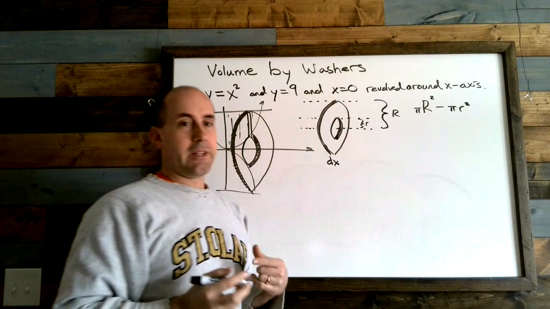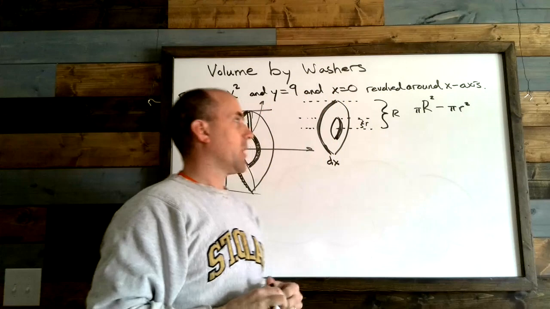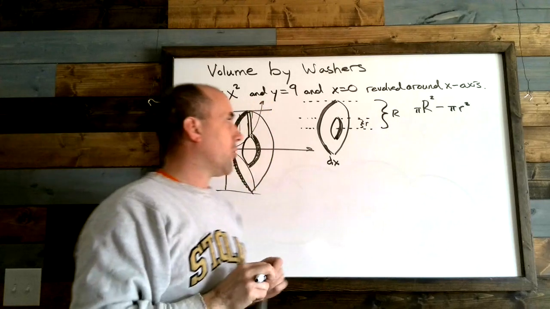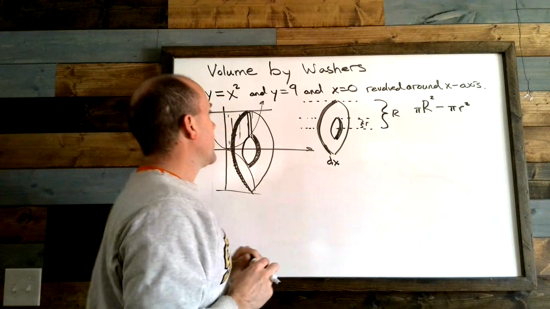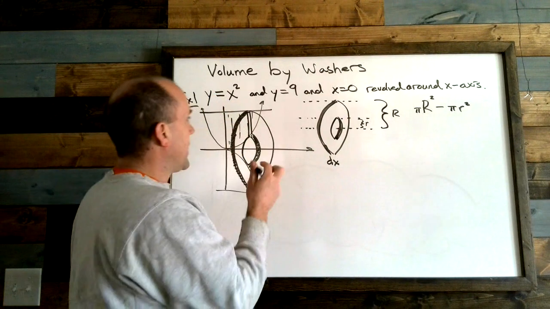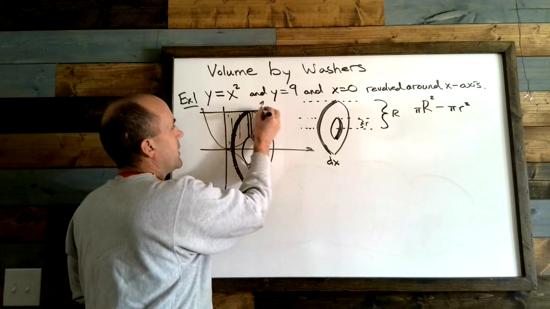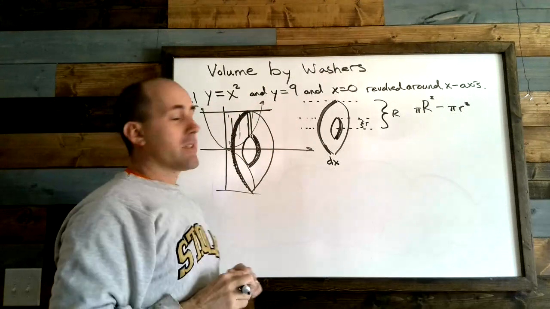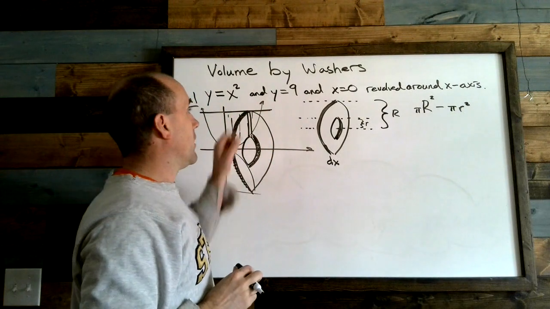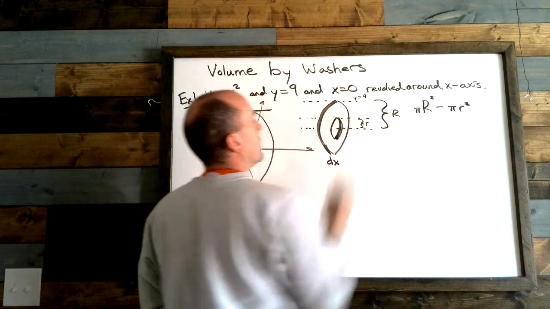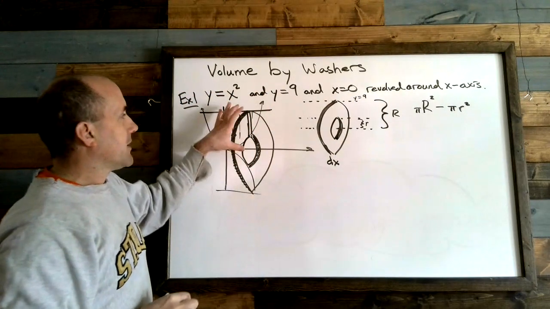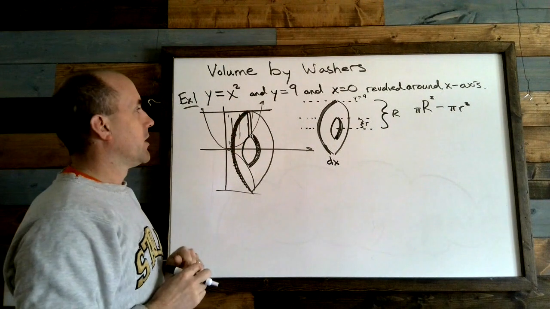And that's going to be the area of a washer. Maybe you remember that a little bit from geometry, but that's our formula. In this case, we look at what makes up this top line right here. This top line is made up of y equals 9. So that's my larger radius.